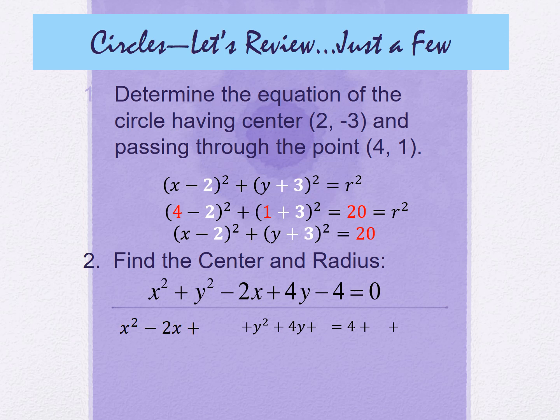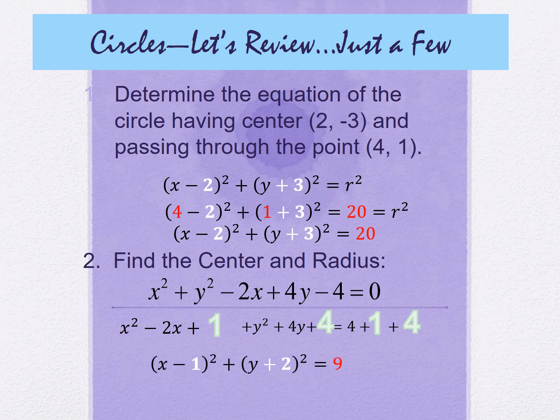Now I'm going to think about how to complete this x family. Half of -2 is -1, but -1 squared would be +1. I need to make sure I add that to both sides. In the y family, half of 4, the linear coefficient, is 2. 2 squared is 4, so I'm going to add that to both sides. Now I'm going to factor, wrapping up my families by factoring those perfect square trinomials, and combining the like terms on the other side.